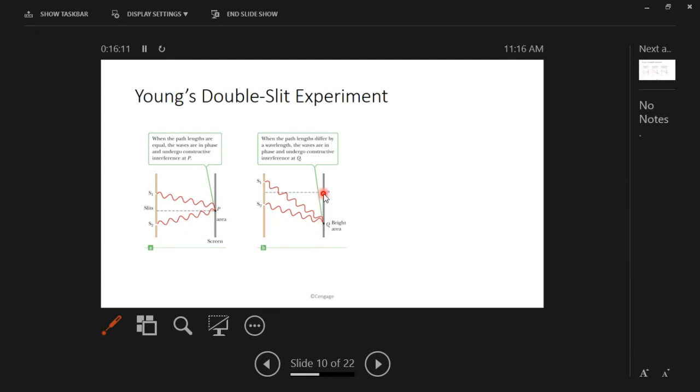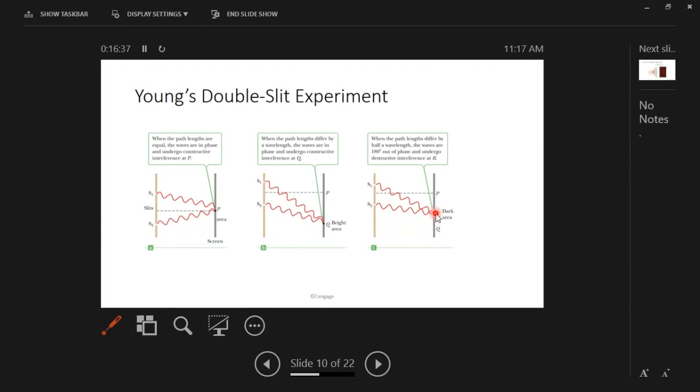But if you go halfway between P and Q, you remember at P we had a bright fringe. At Q, we also have a bright fringe. But if you go to a point halfway between the two, let's say at R, then you can see that the two light waves that come together here have a path difference of half of a wavelength.